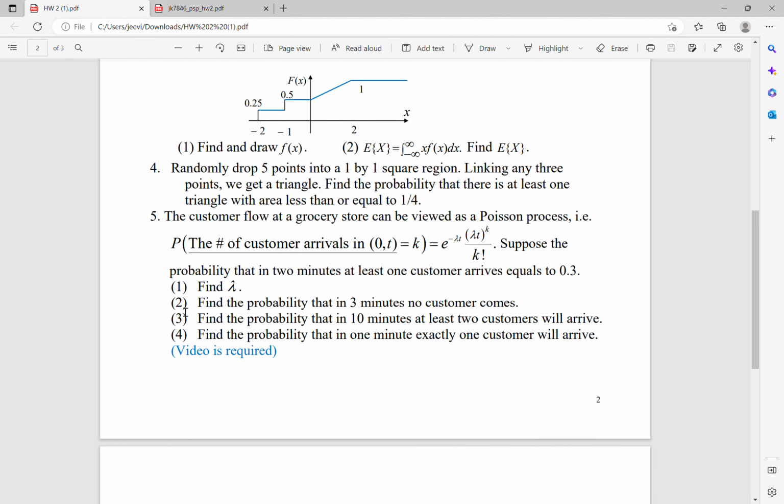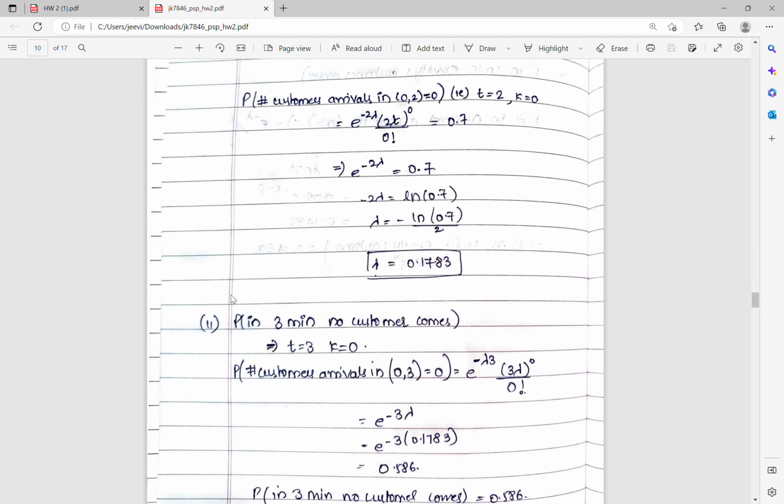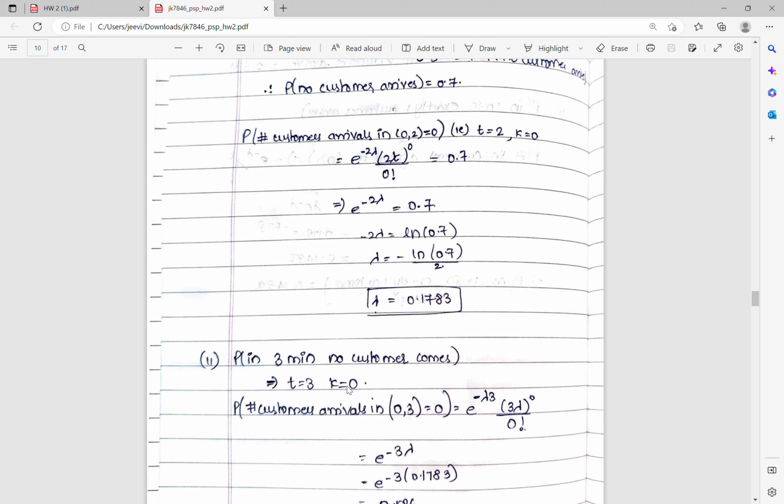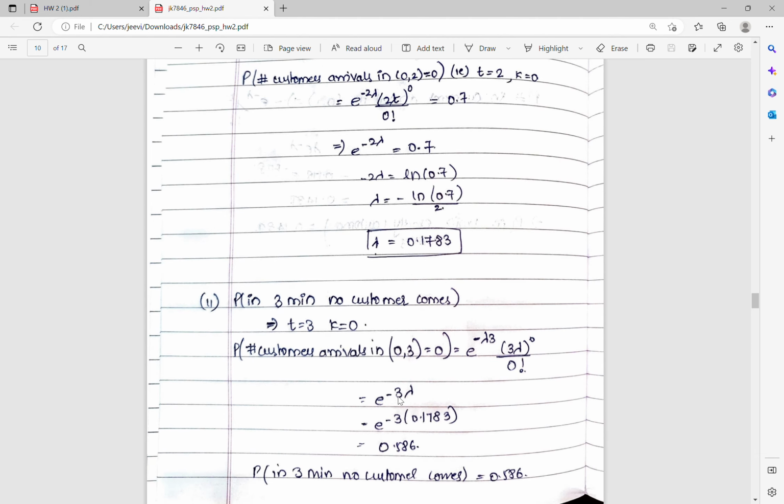Now, in the second part, we are asked to find the probability that in 3 minutes no customer comes. This can be calculated using the Poisson formula, where t is equal to 3 and k is equal to 0, and we have calculated lambda as 0.1783. Substituting the t, k and lambda values, the probability of customer arrivals in (0, 3] minutes equal to 0 is e^(-3λ) (3λ)^0 / 0!, that is e^(-3λ).